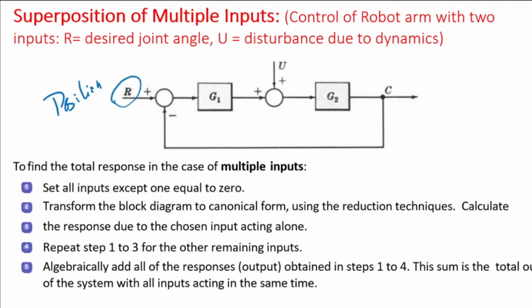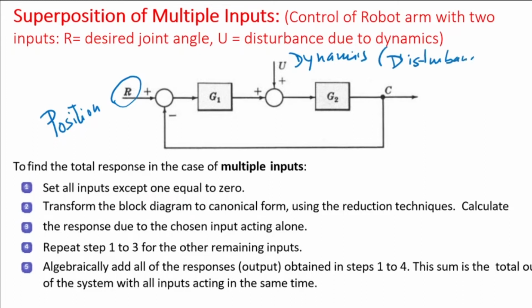This is the position you want to take it to, this is my position, and this is the dynamics, also called disturbance. Now you can see that this is a two input system. There is a desired position which is coming from here, and there is a disturbance which is coming from that side. So it's a two input system.